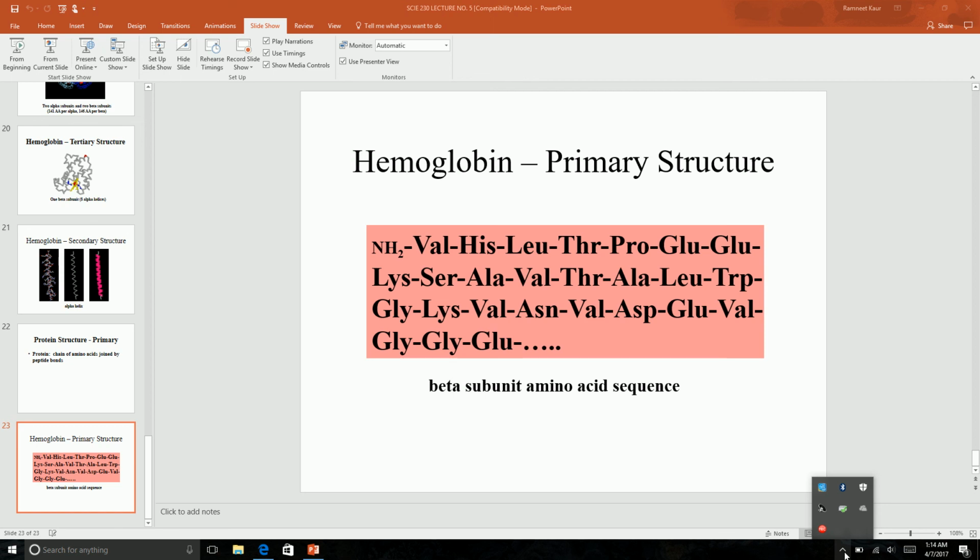If you know the sequence of the amino acids in a protein, with the help of bioinformatics tools we will try to find out what 3-dimensional structure that protein is going to have, which basically means if we know the primary structure, with the help of bioinformatics we will be able to make the 3-dimensional structure of the protein. It's very important to know the structure, because if we know the 3-dimensional structure of the protein, we can predict its function. So that is the importance of knowing the structure of the protein.